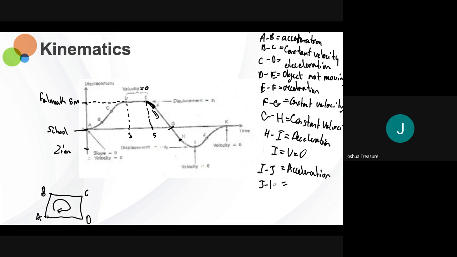You might decelerate. Exactly. So he's decelerating back to 0 again at K.